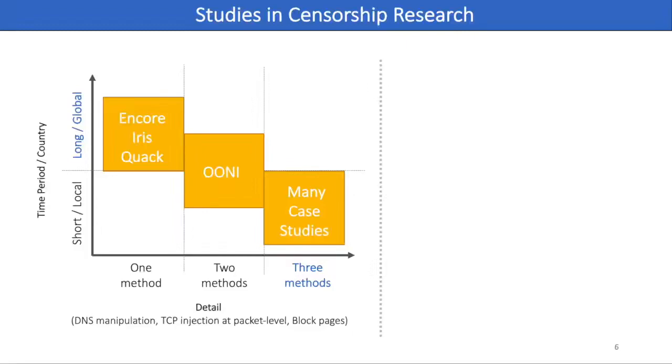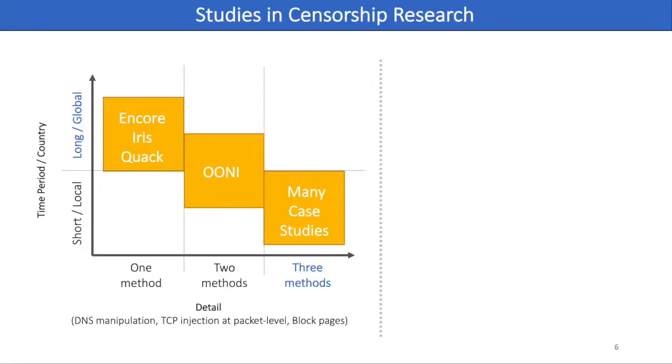Before going there, I'll talk about other studies in censorship research that have been done since 2002. Each censor has its own censorship policy, and it can change over time, so we need a longitudinal and global monitoring. However, many published papers are case studies of a single country at one point in time.